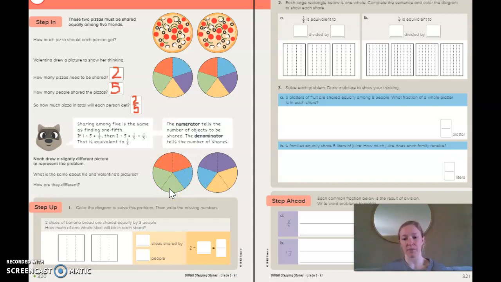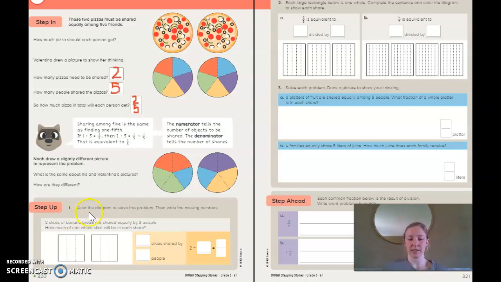Okay, here's how they're different. Noah chose to put the red person's portions together on the same pizza, whereas Valentina chose to separate them. Does that mean they have different answers? No, not at all. They still represent 2/5. Okay, so they still got the same answer. They just chose a different way of going about it.